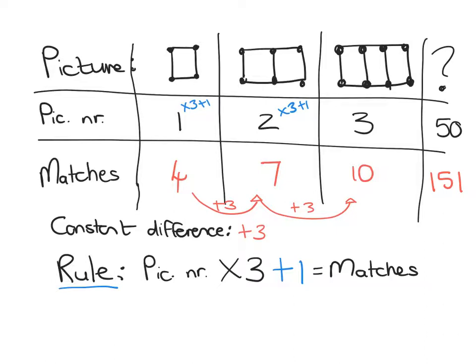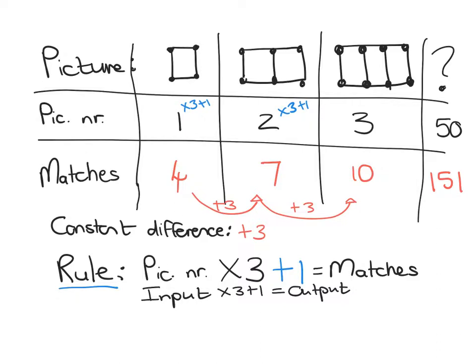Now, different ways to write the rule. It sometimes becomes quite long to write picture number times 3 plus 1 equals the number of matches. I've taught you in grade 6, you can write input times 3 plus 1 equals output. X times 3 plus 1 equals y. Good.